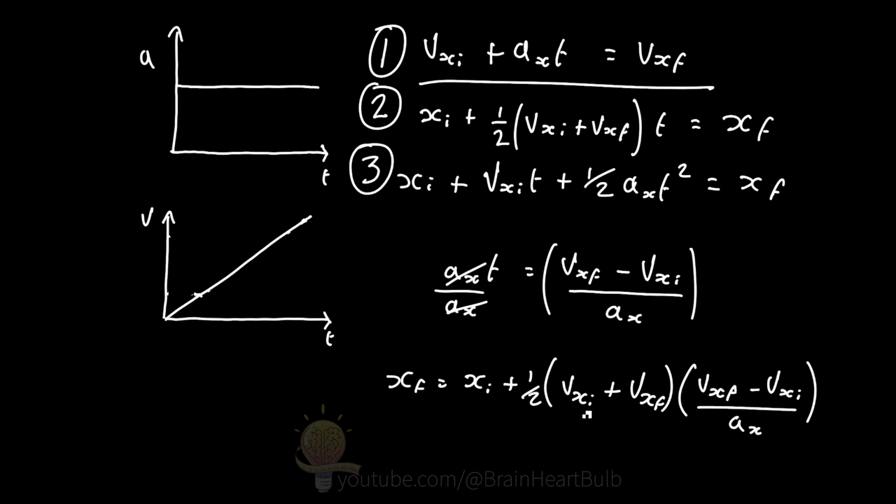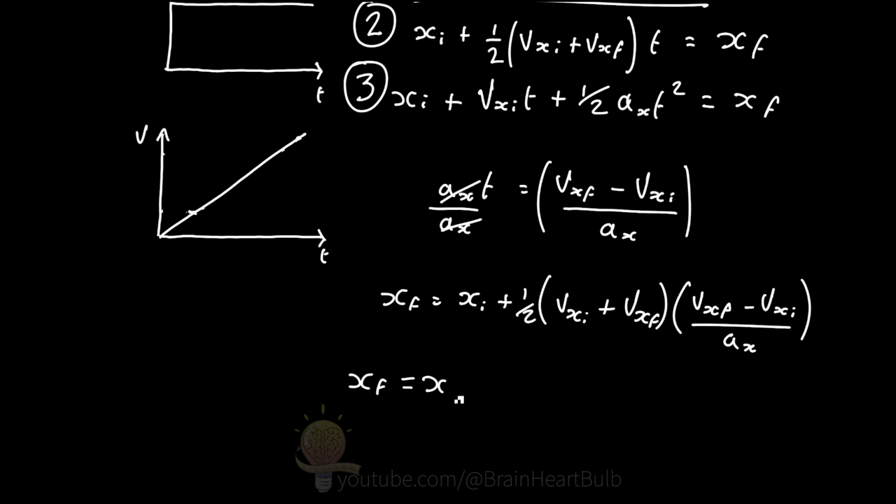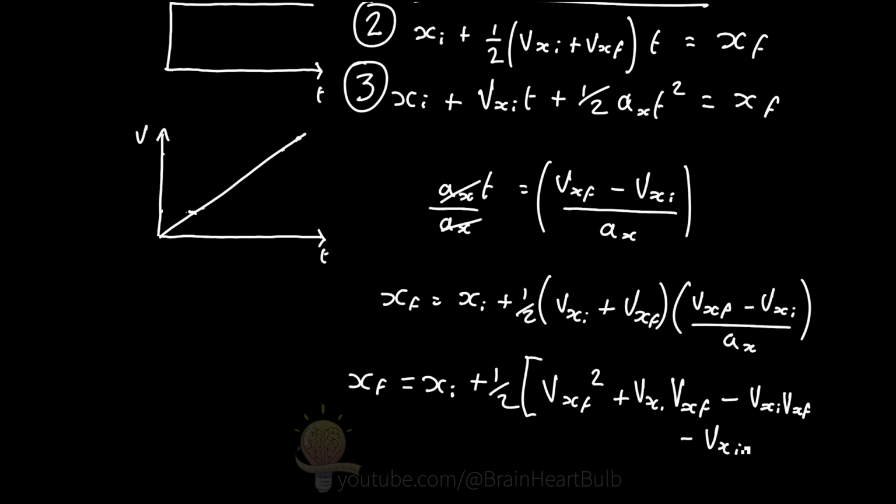Now we can simplify these brackets here by multiplying out. We get the final velocity squared, v_xi multiplied by v_xf minus v_xi multiplied by v_xf minus v_xi squared.